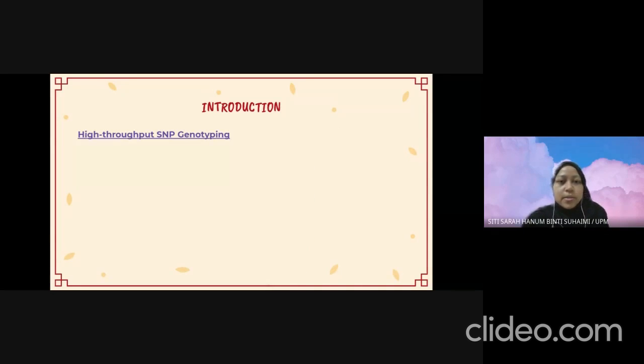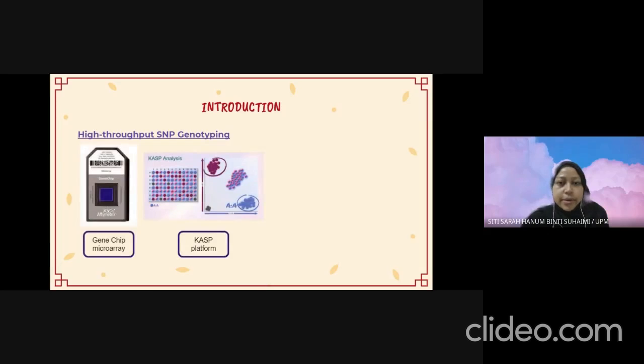The invention of certain high-throughput SNP genotyping techniques, such as the GeneChip microarray or the CAPS platform, has been supported by ongoing developments in high-throughput sequencing. Chip-based platforms require enormous amounts of time for SNP assay designing and are only suitable for genotyping hundreds of samples with thousands of SNPs. CAPS systems also need relatively high cost for genotyping each sample.